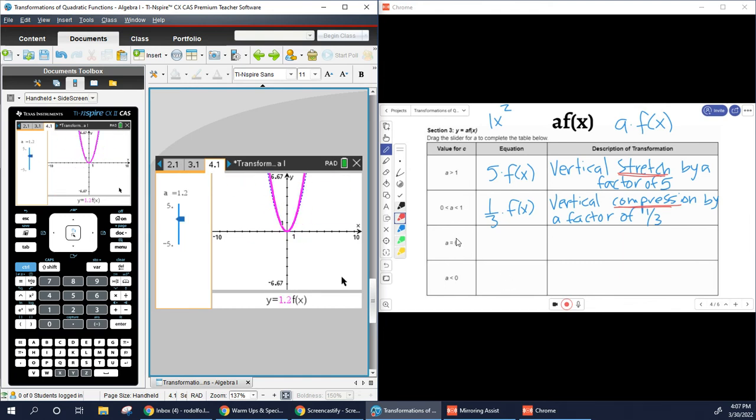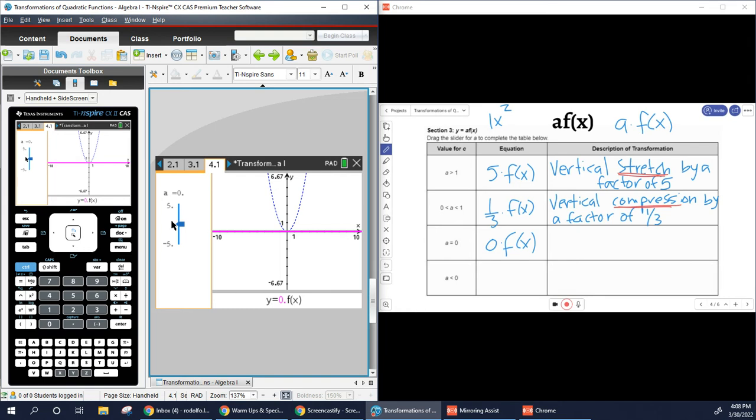Now let's talk about what happens when a equals 0. Well, if you multiply anything times 0, it's just going to equal 0, right? 0 times any function, quadratic, linear, anything, it's just going to change it to 0, right?